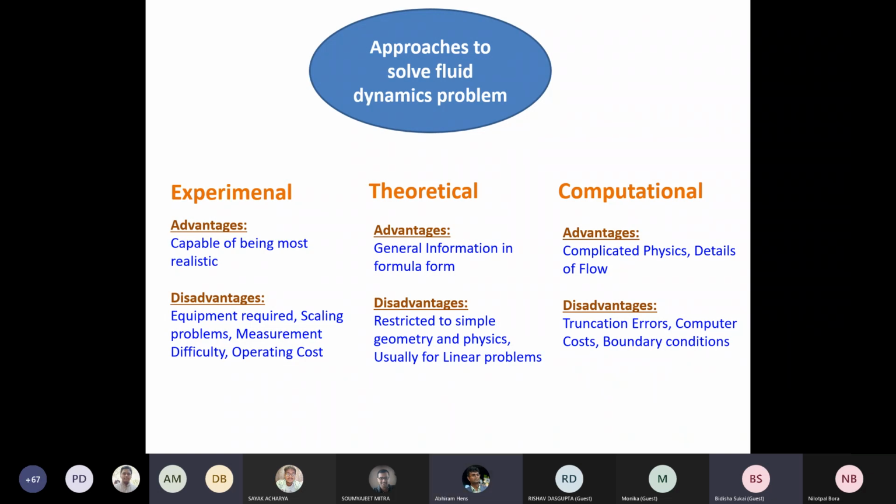And the CFD that we are going to learn belongs to this computational route. Okay, definitely there is a lot of computation involved, and that is why before the advent of the computer, meaning the computer becoming available to researchers or the academic community only after the 1990s.